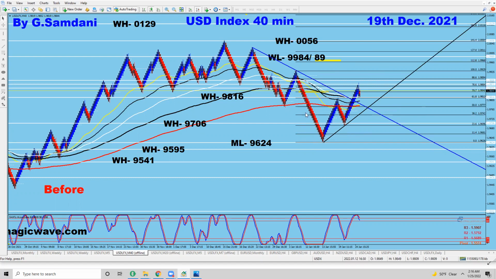The first preference, harmonic pattern wise, is a perfect Gartley pattern. So let me show you step by step how I see it, and I also see it from an Elliott wave perspective. At SNR levels, you can see it all over the place, right? So Elliott wave and harmonic pattern, put them together, and using these SNR levels, I determine the direction.